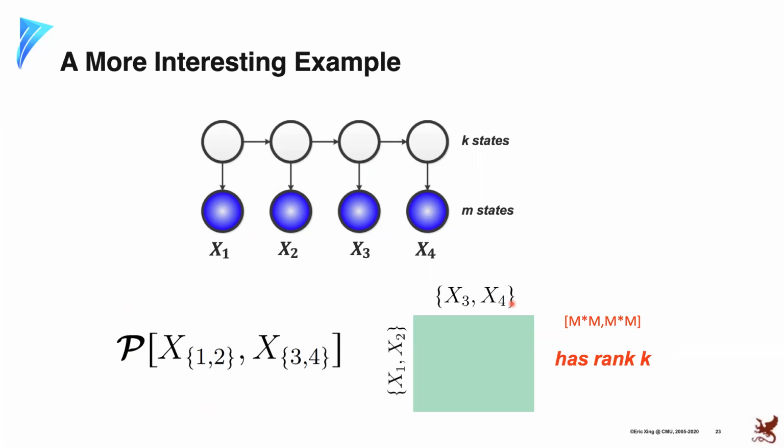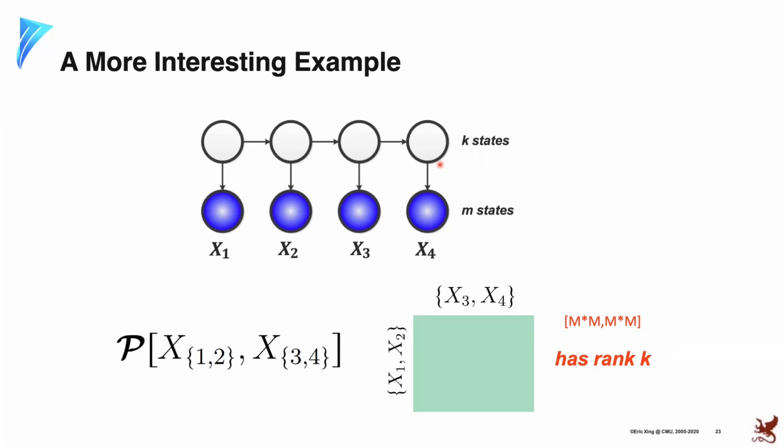So now let's look at the more interesting example where we have four observed variables, each of them associated with m states, and also four hidden variables, each of them associated with the same k states.